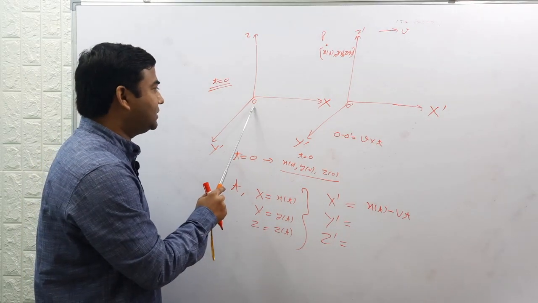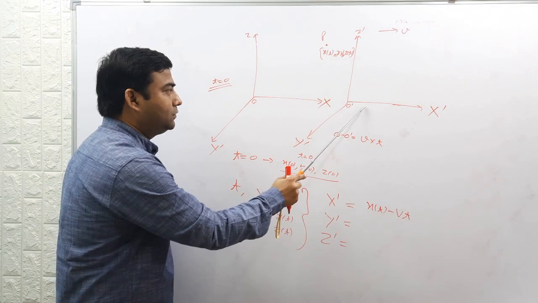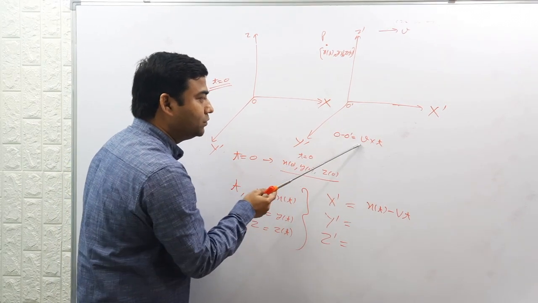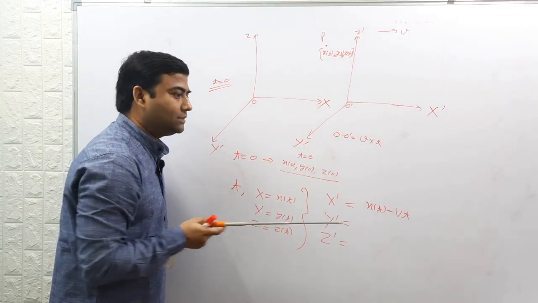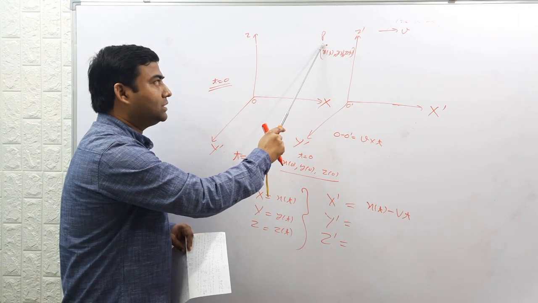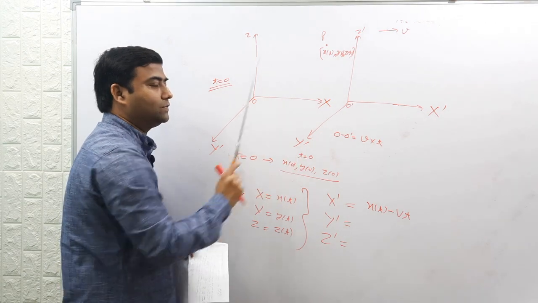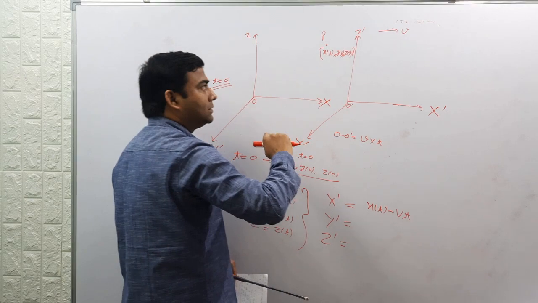So in this coordinate system, its x coordinate will be x(t). But this frame itself has moved Vt distance in the same x direction. It has moved Vt distance, so the net displacement of this point relative to this reference frame will be the distance moved by this point.